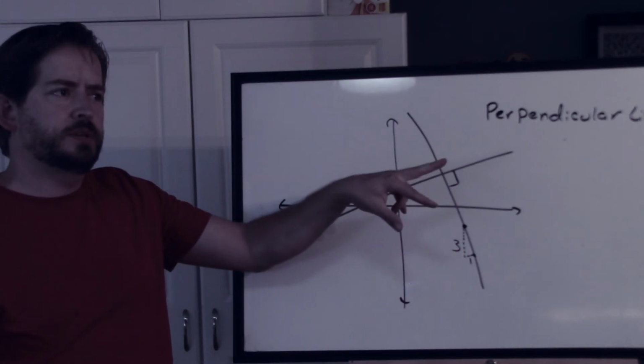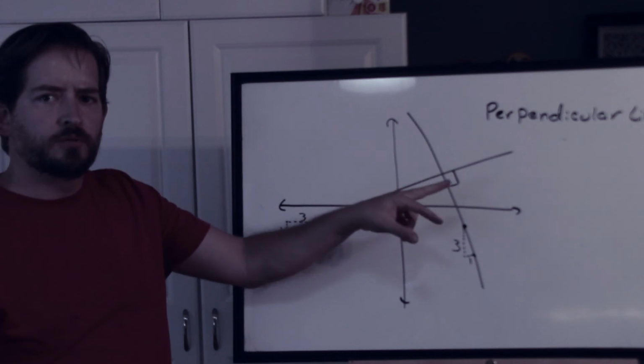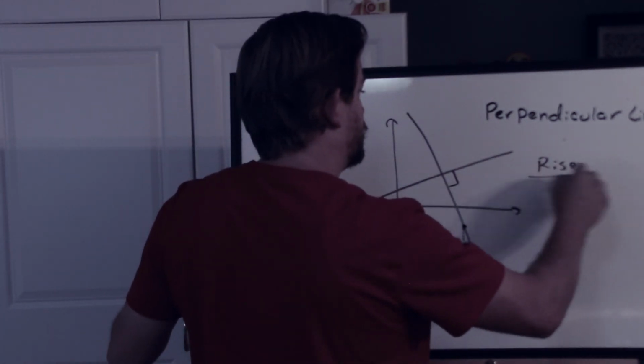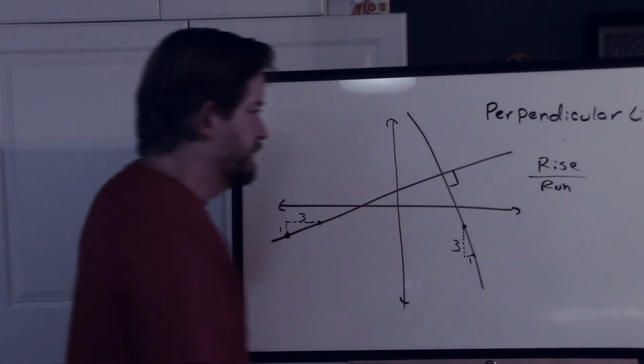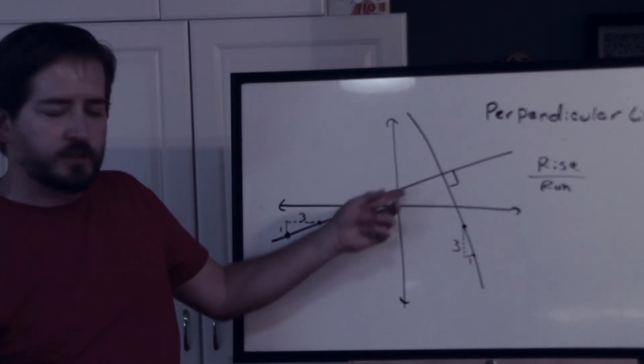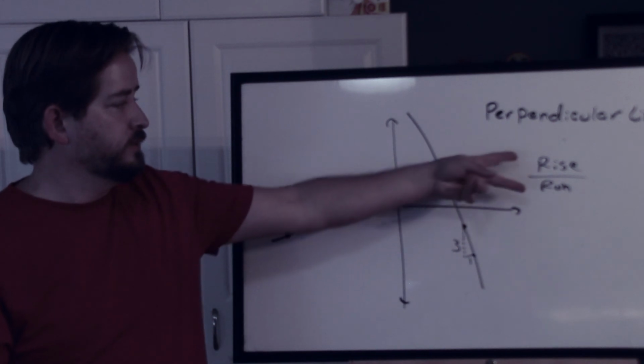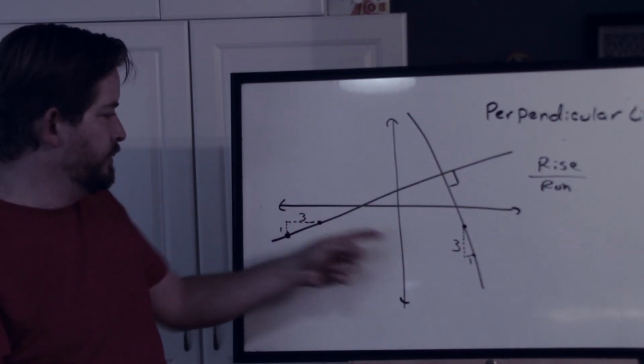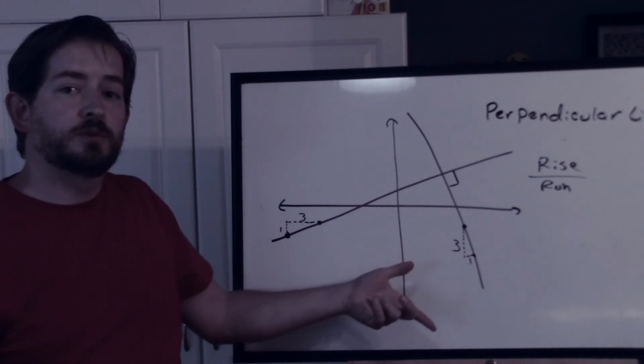So if I rotate up and over, rise over run, to get the perpendicular one, I just flip these. My rise becomes my run and my run becomes my rise, and I also flip directions.